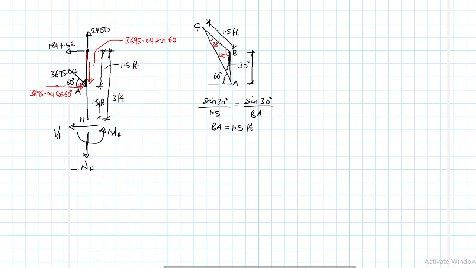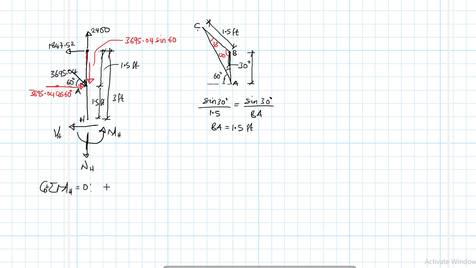Alright, so with this information, let's now take moments about H and do the rest of the work. So say summation of moments about point H equal to 0, anti-clockwise being our reference. What do we have?